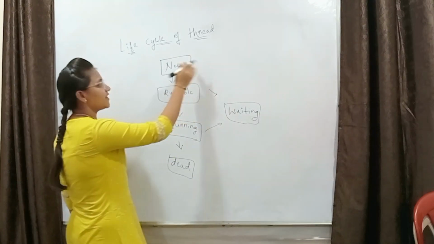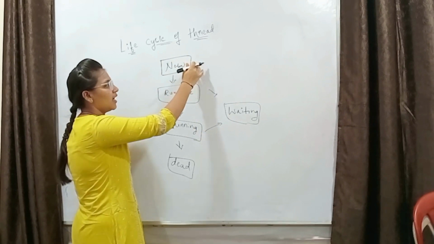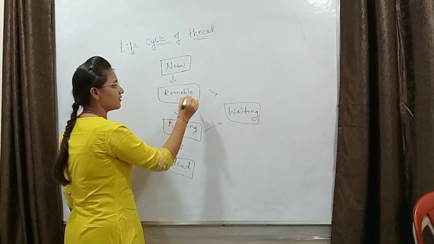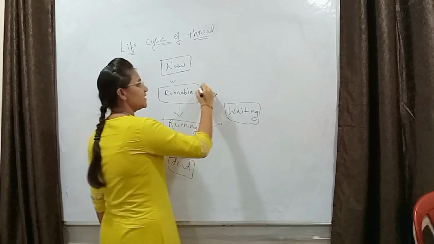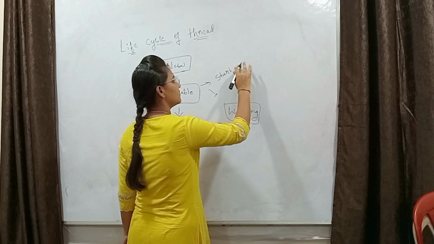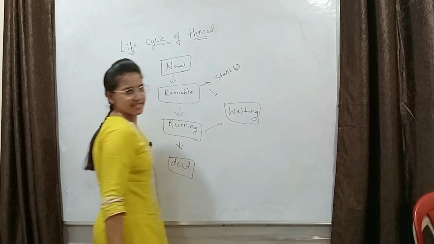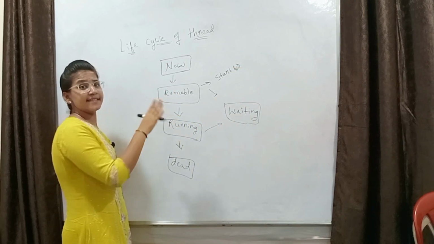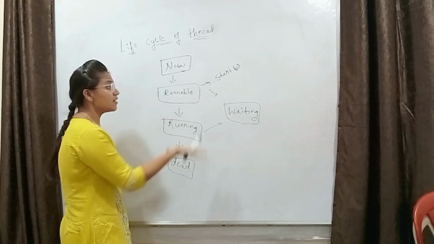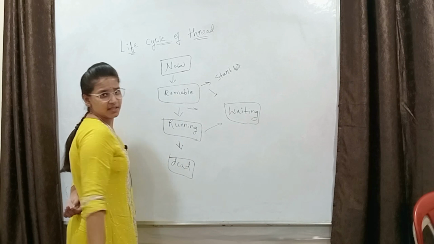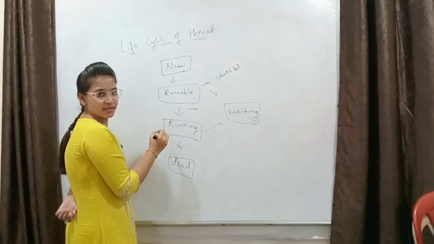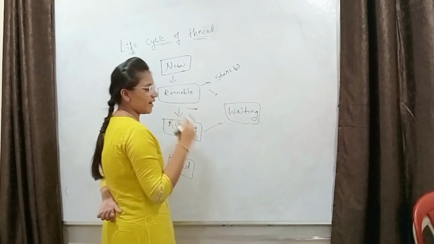Once a thread is created, it will be in a new state, and it converts to the runnable state when the start method is called, and then it starts its operation. Once it starts executing the program, it moves into the running state. Then it comes to the waiting state.